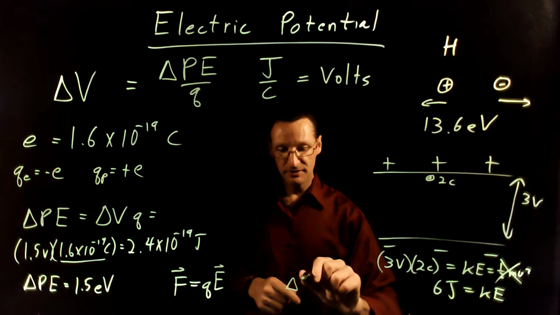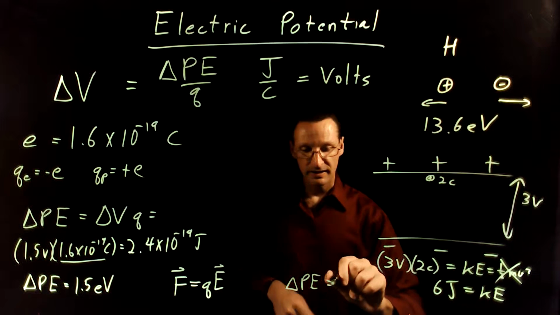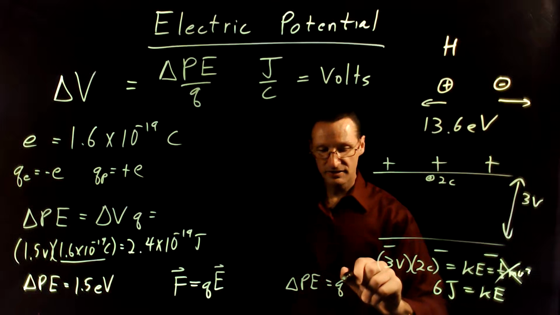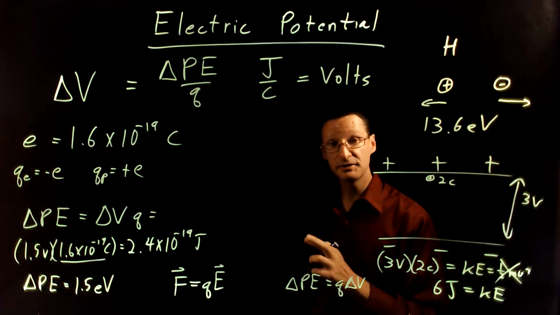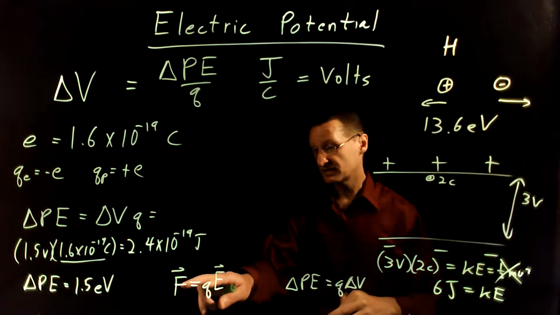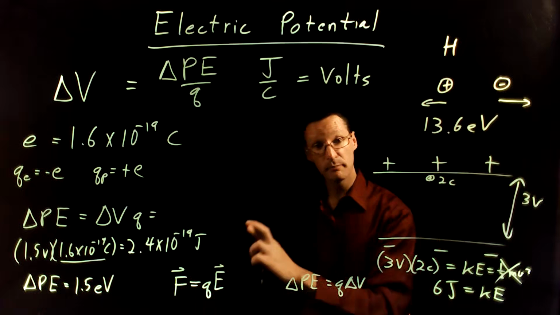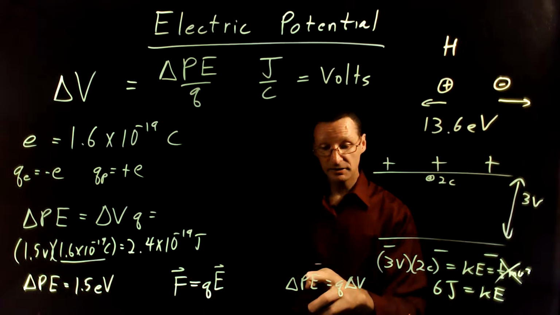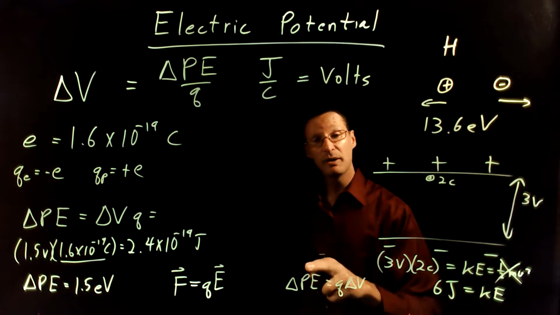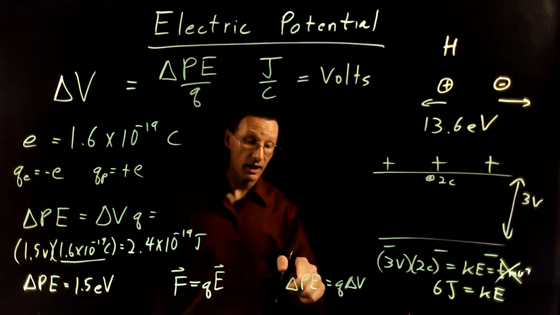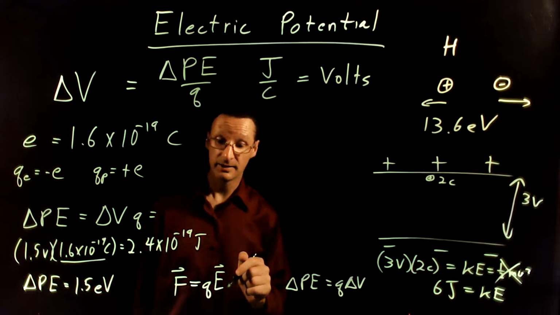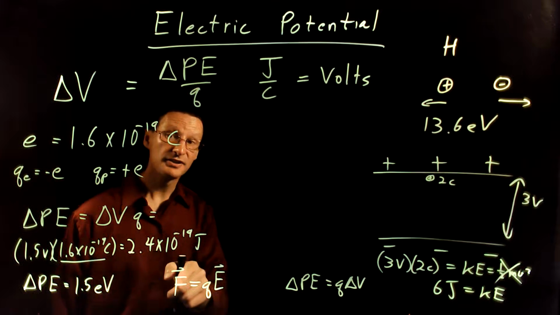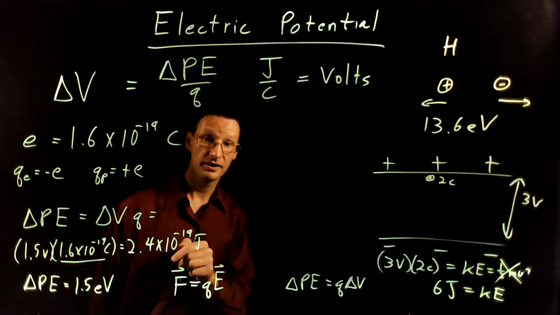The potential energy difference is just the charge times the voltage difference. And so voltage and potential energy are best friends, just the same way that force and electric field are best friends, right? Voltage tells you about the potential energy of the charge configuration or the energy that you can extract, just like electric field tells you about the force on a charge, okay?